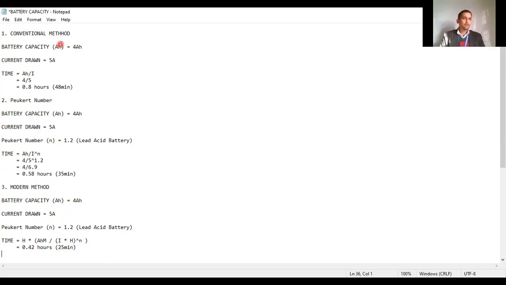In the conventional method, you have seen that we get 48 minutes. We can use the conventional formula for a rough calculation of the battery, but if you want to calculate the exact battery time period, then you have to use this modern method.